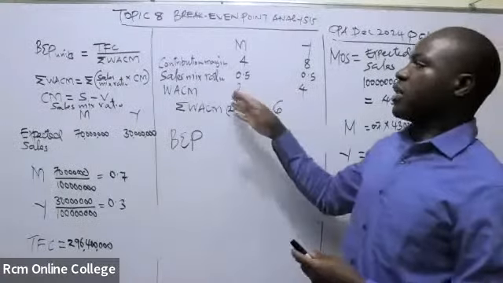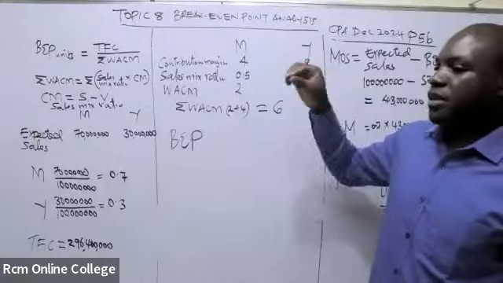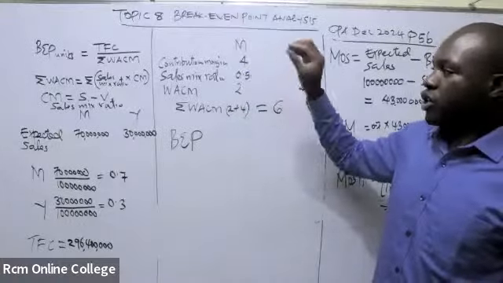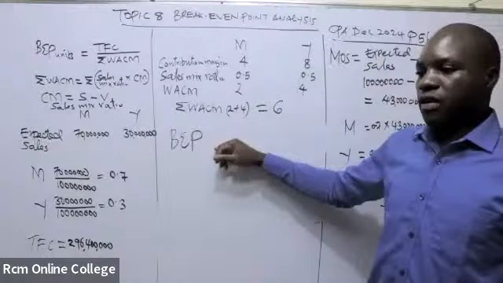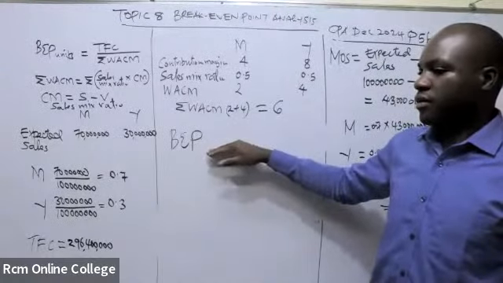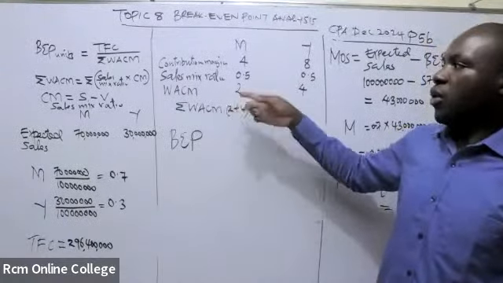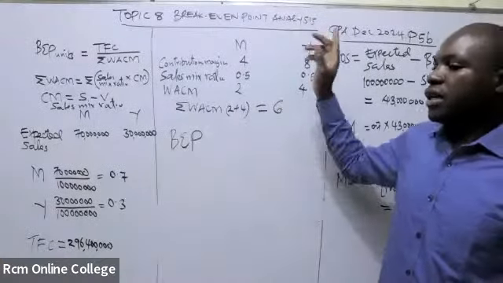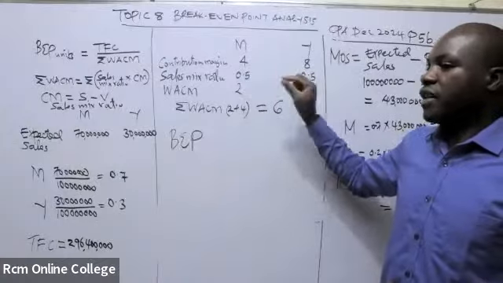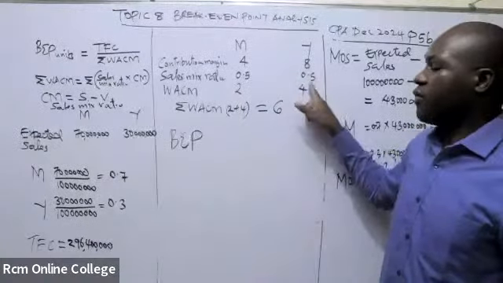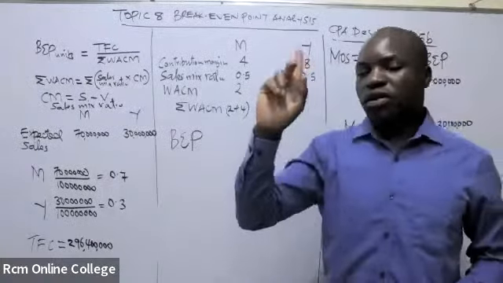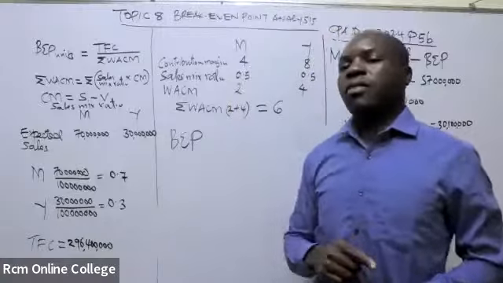So we are now coming to this part. What are we interfering with? We are interfering with the sales mix ratio. What will the change in the sales mix ratio do to our break-even point? Initially, we had 0.7 is to 0.3, or 7 is to 3. Now we have 0.5 is to 0.5, which is the same as 1 is to 1.